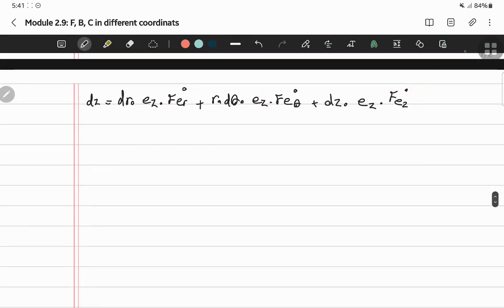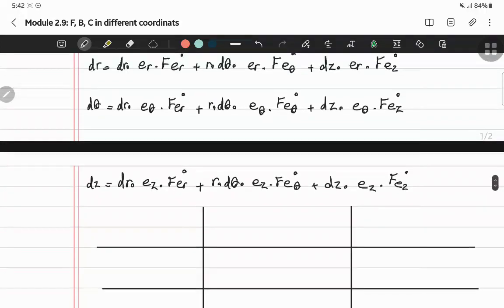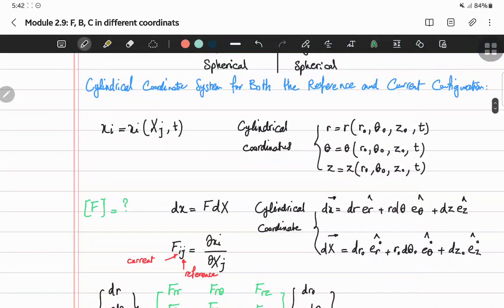So if I just draw kind of a table here. All right, so here you can see that this is F_RR, right? So F_RR is the partial derivative of r with respect to r0, because here d changes to partial because r is a function of r0, theta 0, and z0.